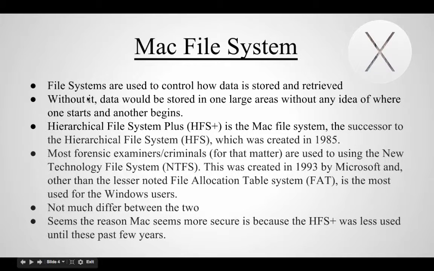Without it, data would be stored in one large area without any idea of where one part of the data starts and another part begins. The file system of the Mac is the Hierarchical File System Plus, which is HFS Plus, and it is the successor of the HFS, which was created in 1985.